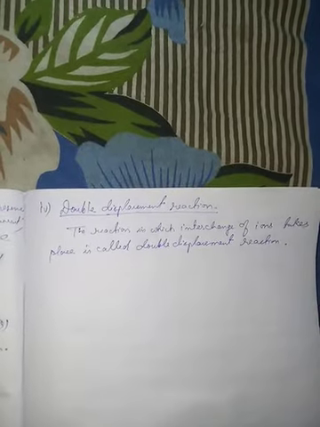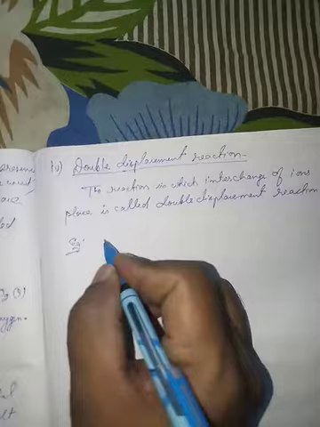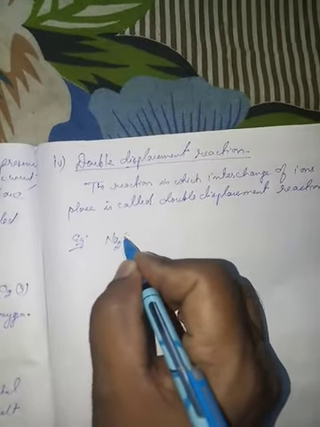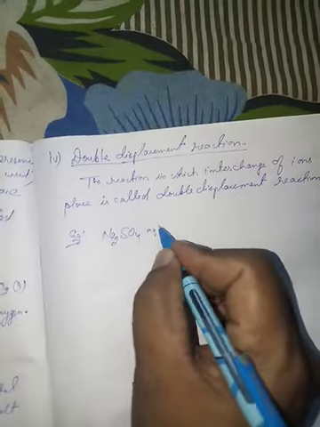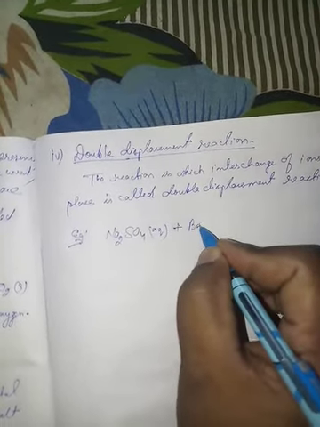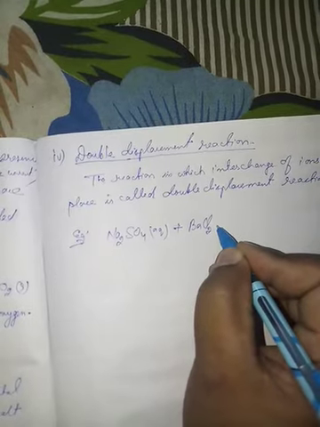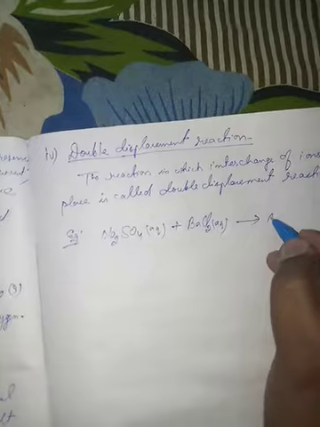Okay, let us take an example. Sodium sulfate, Na2SO4 aqueous solution, both the solutions must be aqueous solutions. When barium chloride aqueous, it forms sodium chloride.